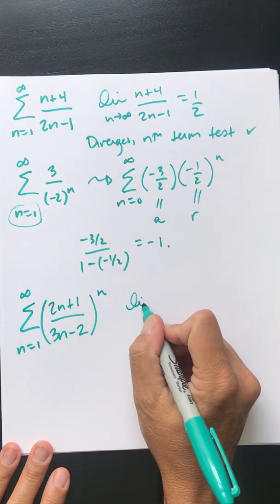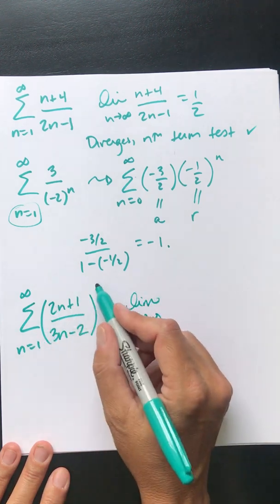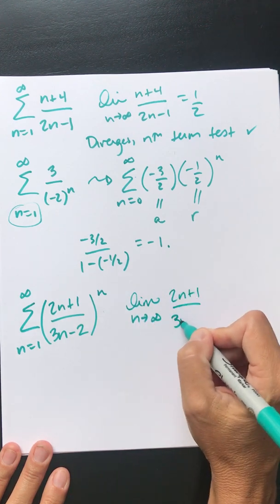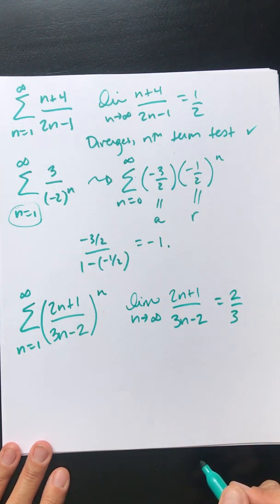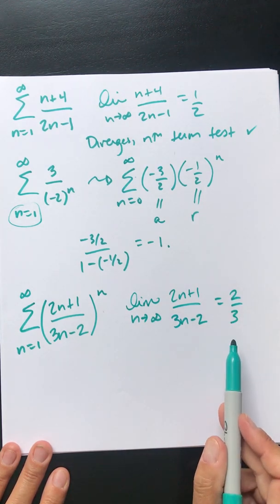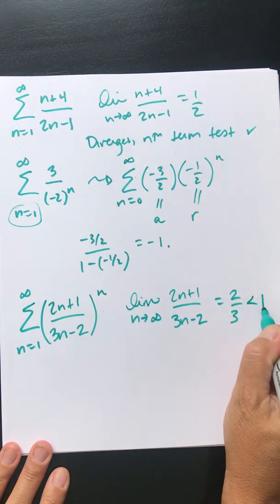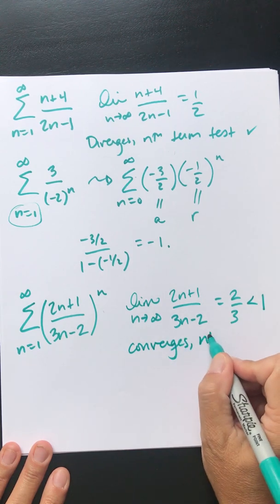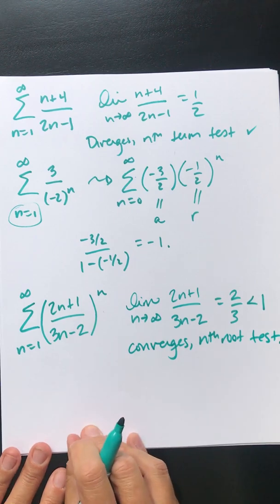So if we look at the limit as n approaches infinity of the nth root of something to the nth power, we just get 2n plus 1 over 3n minus 2, which is 2/3. Now here, unlike when we're using the nth term test, 2/3 is less than 1, so this converges by the nth root test.